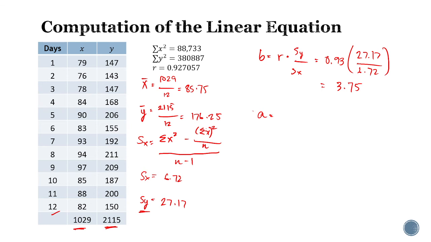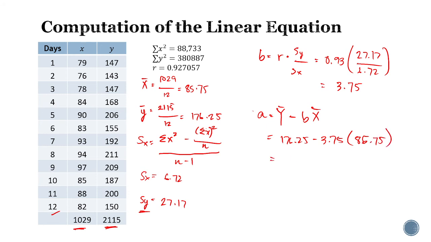And for our y-intercept, which is a, bali ang mangyayari lang, we need our y or yung ating mean ng y minus our b, which is 3.75. Multiply lang natin yan dun sa ating x bar. So we will have there 176.25 minus our b, which is 3.75, multiplied to our 85.75.